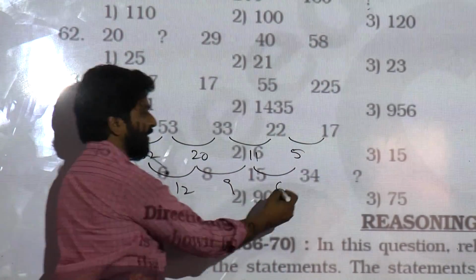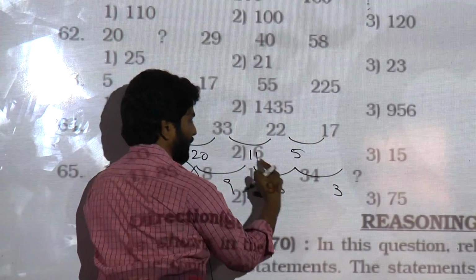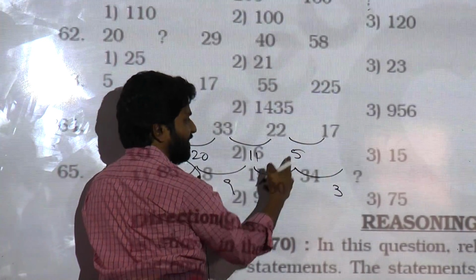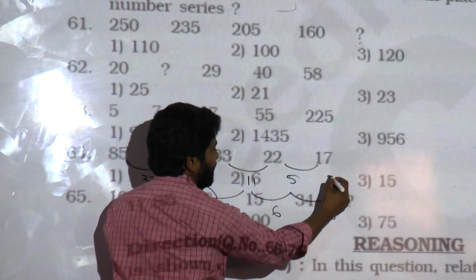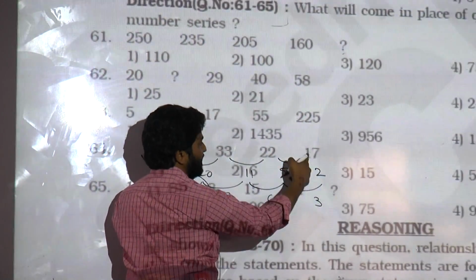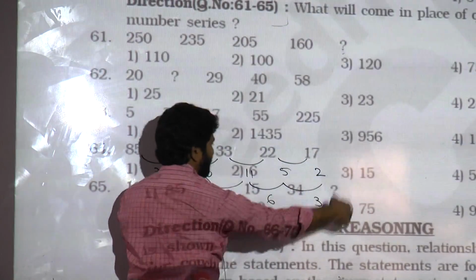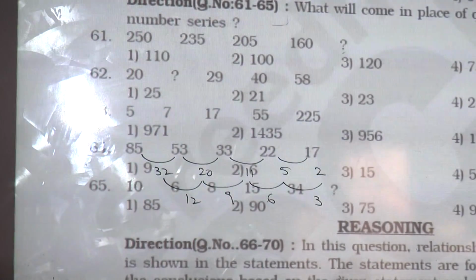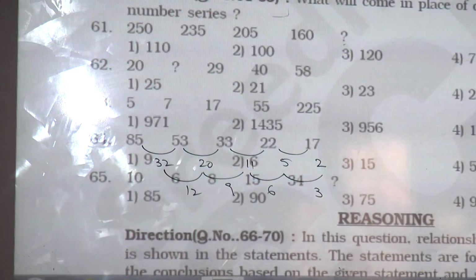Difference of 3, 3, 3. The next must be 3. So 11 minus 6 is 5. 5 minus 3 is 2. 22 minus 5 is 17. 17 minus 2 is 15. Okay?